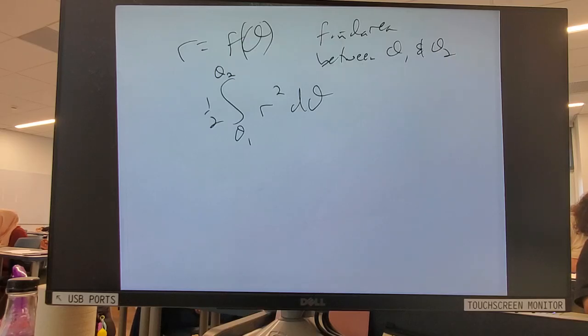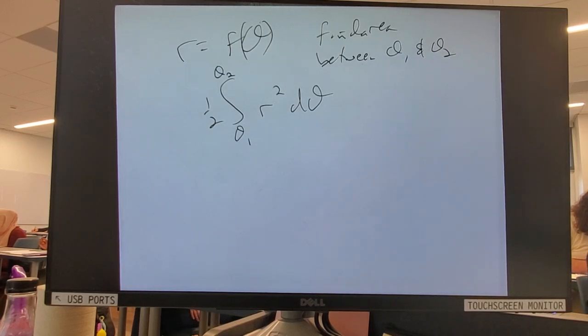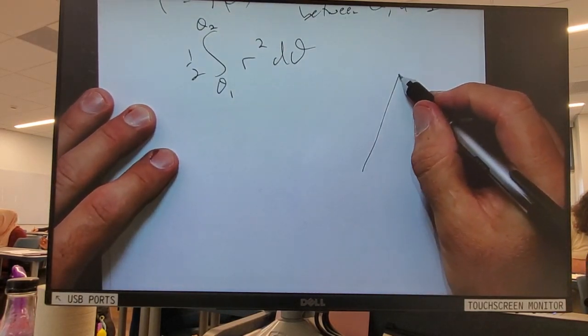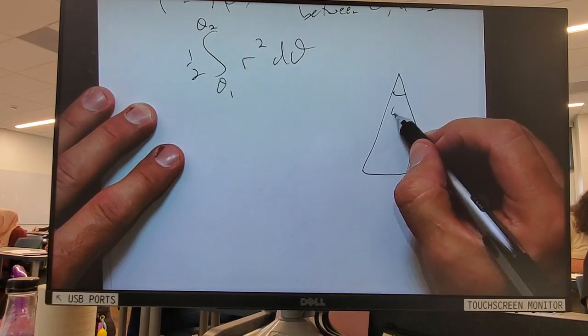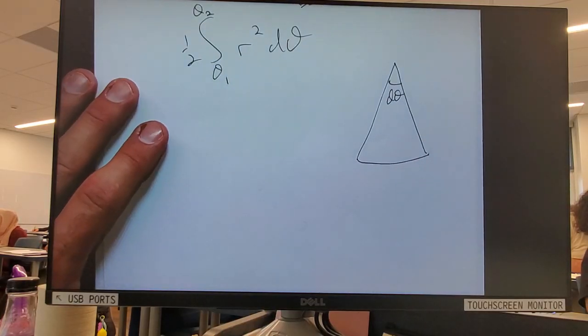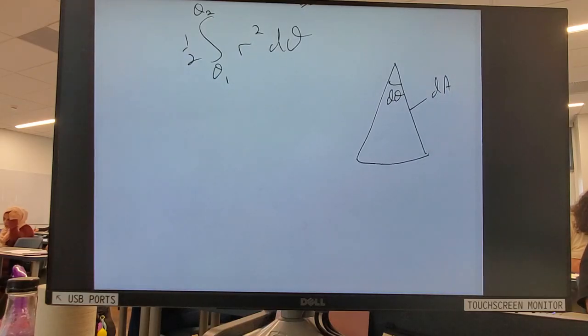We didn't take the derivative of anything. I didn't take the derivative of anything. I don't blame you for thinking I did, but I didn't. So if I draw this a little bit cleaner again, if I take the little d theta piece out, then this represents an element of the whole area.